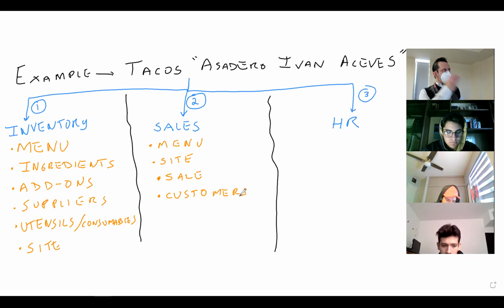That means you're a frequent customer of Tacos Asadero Iván Aceves. So you don't want to give your information every time. You just say, Luis Espinosa, oh, here it is. You need a factura. Is your email okay? And they send it to you, right?